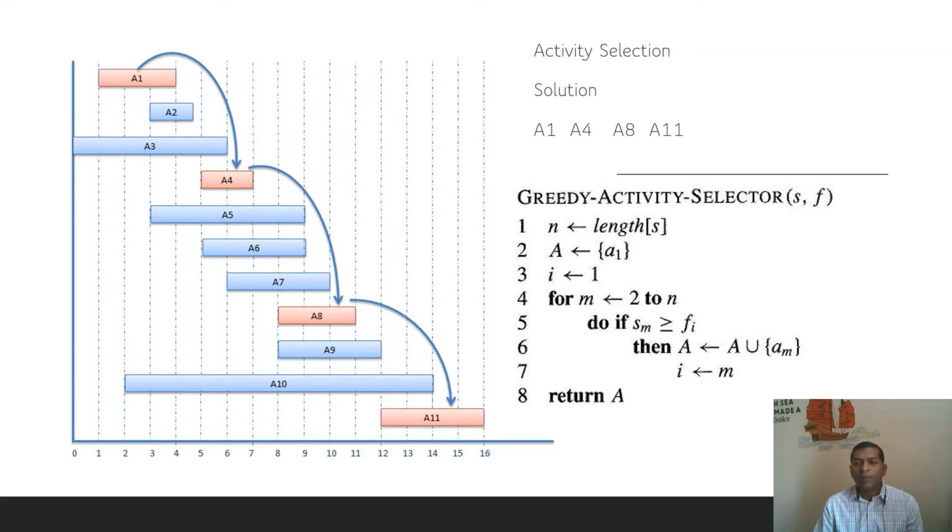Let's assume the first activity is stored in the resultant array A. i is the first activity, whereas m runs over the start time of every activity from 2 to n. If the start time of the second activity is greater than the finish time of the first activity, only then will we choose that activity, whose start time is larger than the finish time of the first activity, and store it in the resultant array.